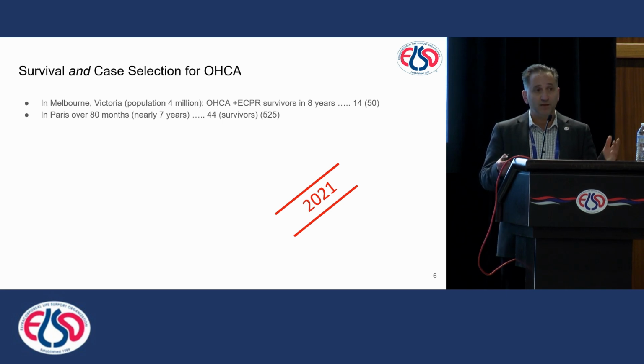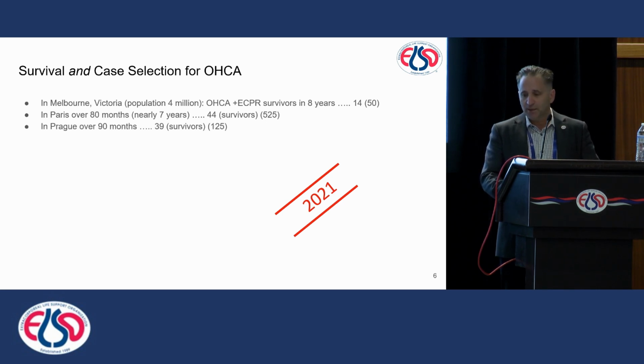Now, they're all fantastic survivors. In the Paris study, published over nearly 7 years, there were 44 survivors from over 500 ECPR cases. In the Prague study we had a similar timeline, 90 months, 39 survivors. In ARREST, which was another trial, randomising people to ECPR in Michigan, I think it was, there were no survivors in that trial. I can't remember how long it went for.